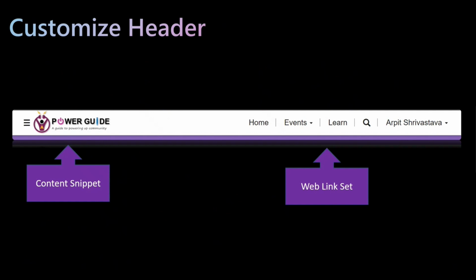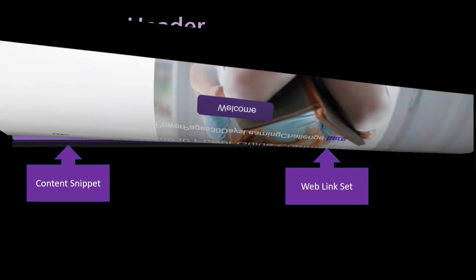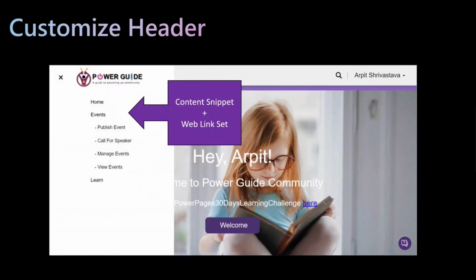So all these things. Now, if I want to change my header in this way, I have already discussed that. So in today's session, I'm not going to dive deep into it, how you can customize this menu and how you can create such a toolbar in the left navigation, because I've already discussed that in the web link set video.